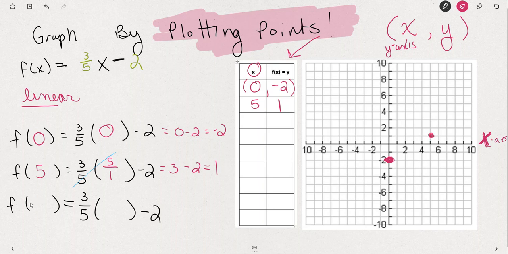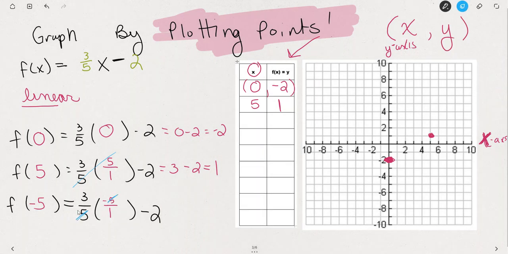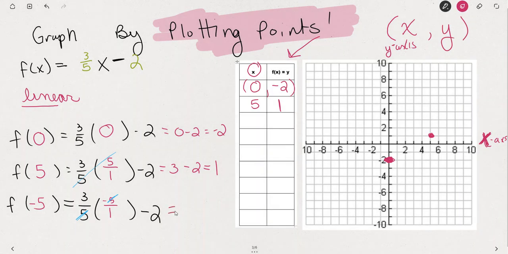The third x I'm going to choose is a -5. And when I find f of -5, that's 3 over 5 times -5, where these 5's reduce, minus 2. That's going to give us 3 times -1, or -3, minus 2 equals -5.